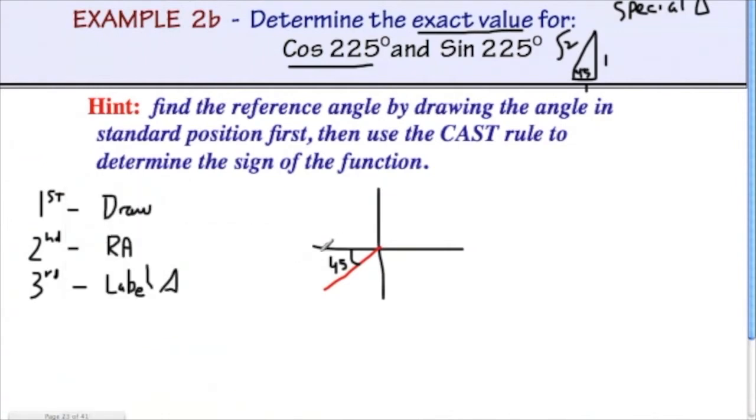There is my triangle: 1, 1, root 2. Now we've got the picture. The fourth thing you want to do is just answer the question. So now it's time to answer.